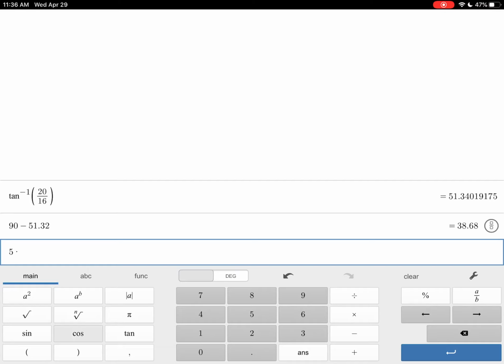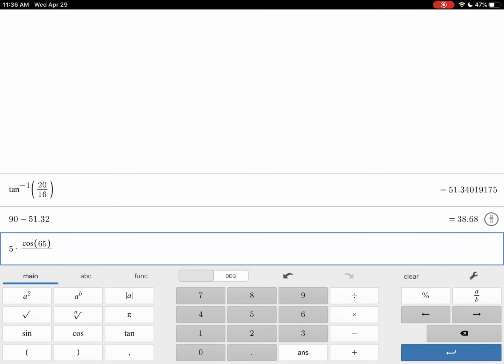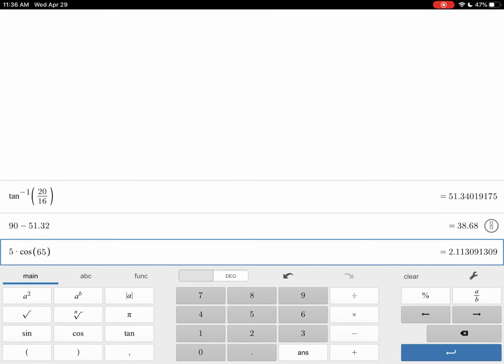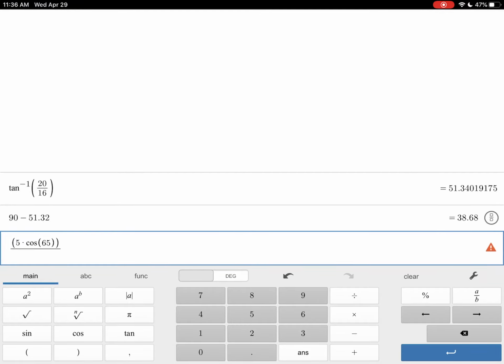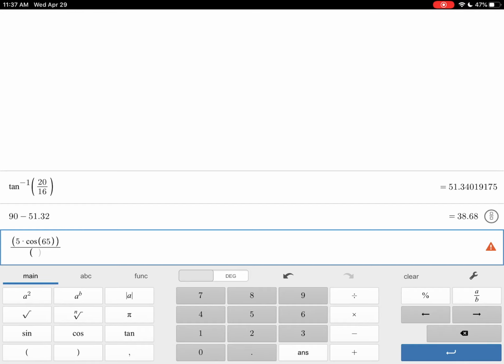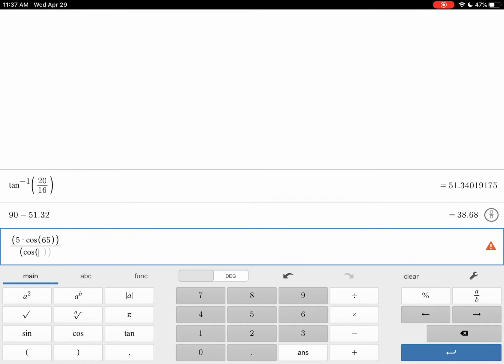5 times cosine of 75, end bracket, divided by, calculator went a little wonky there, bracket that, and I want this whole thing to be divided by cos 65, end bracket, minus cos 75.